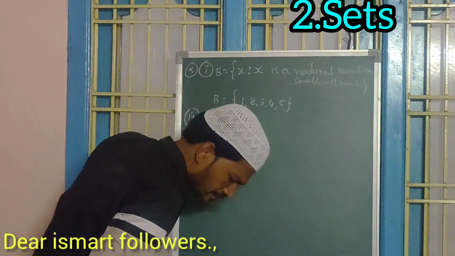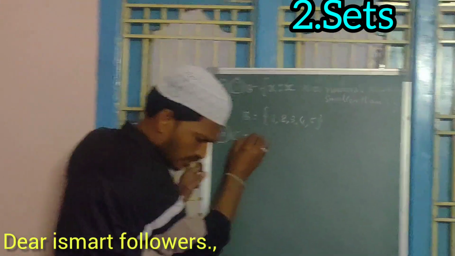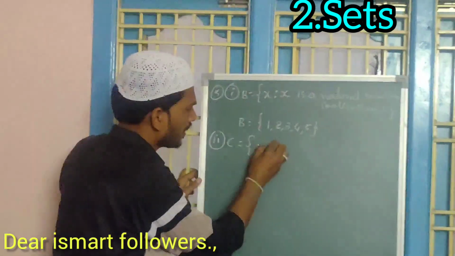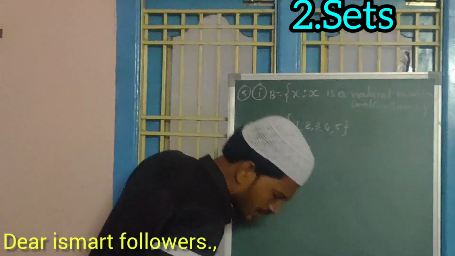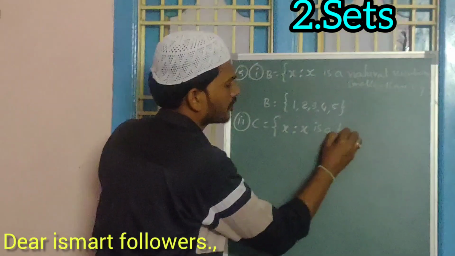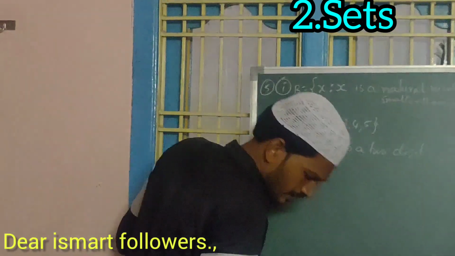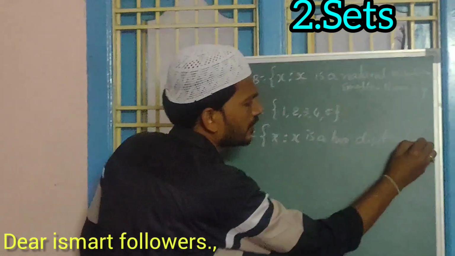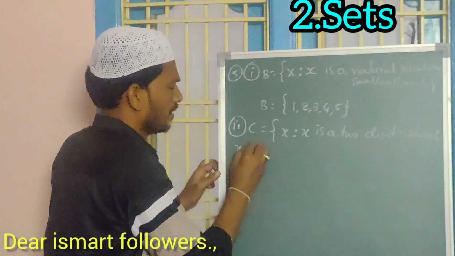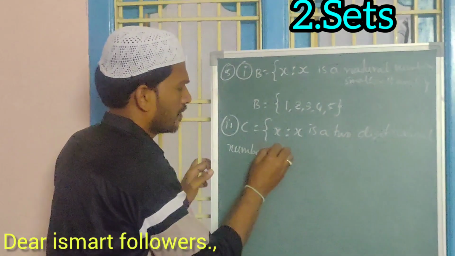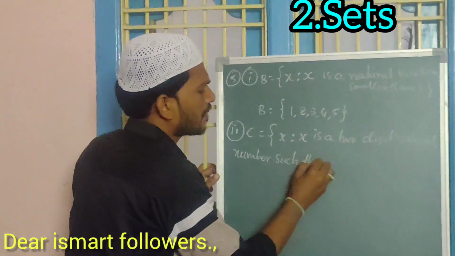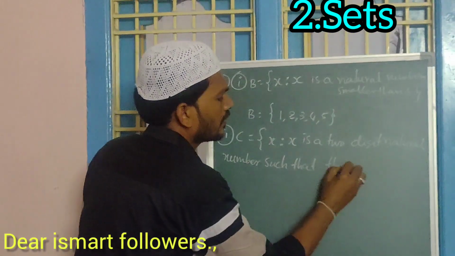Next question. C is equal to x such that x is a 2-digit natural number, such that the sum of the digits is 8.